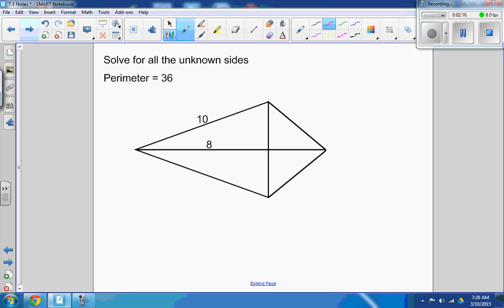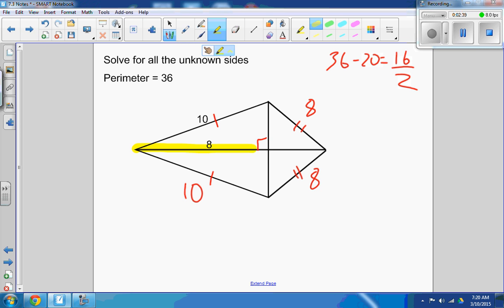And let's now solve for some unknown sides. Well, we're given the perimeter is 36. We know those two are congruent, so that's got to be 10. These two got to be congruent. So 36 minus 20 is 16. Divide that by 2, and we get those segments have to be 8. We know the diagonals are perpendicular. So here we have a right triangle.